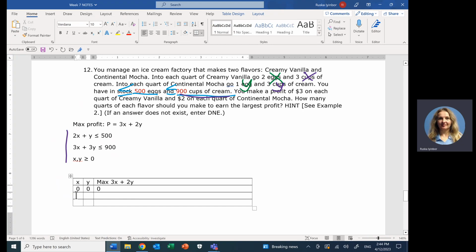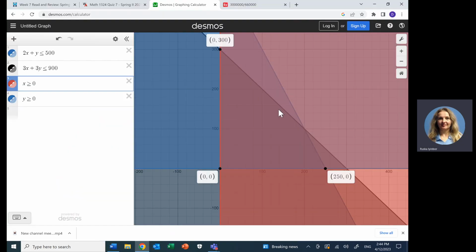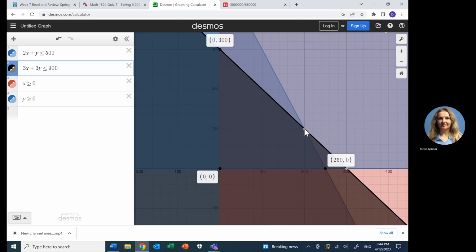Then you have the other one, which is 0 and 300. Oh, we need one more actually. You have the intersection. I forgot that point. We have 250 and 0. And there is one more. Okay, let me show you. We have one more over here. This is the point we're going to use, and this point is 200 and 100. There are 4 points.